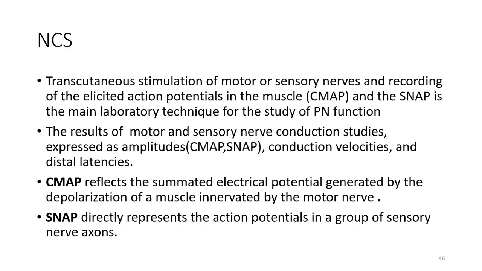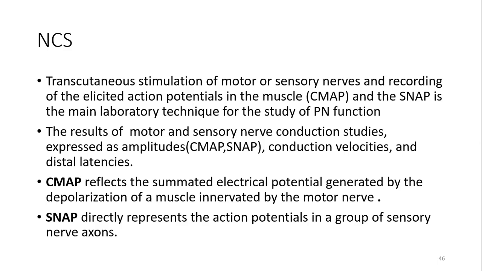In the case of motor nerve examination, we call it distal latency because there are two latencies: the one near the reference point is what we call distal, while the one away from the reference point we call proximal latency.